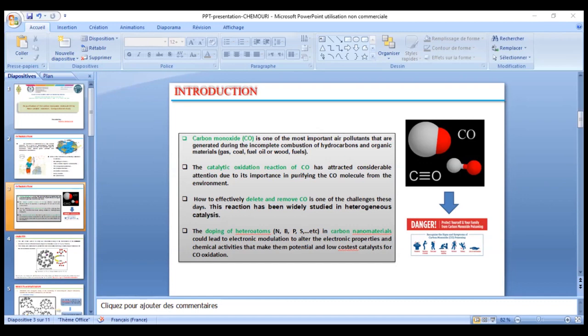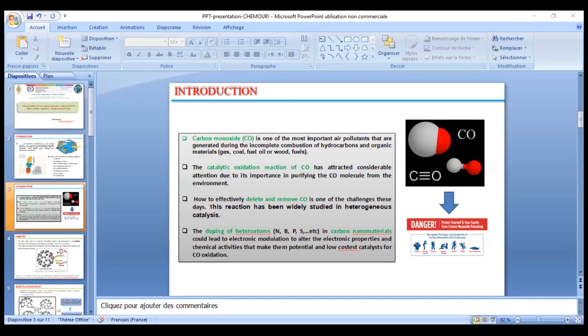The doping of heteroatoms like nitrogen, boron, phosphorus, etc. in carbon nanomaterials could lead to electronic modulation to alter the electronic properties and chemical activities that make them potential and low-cost catalysts for the CO oxidation.